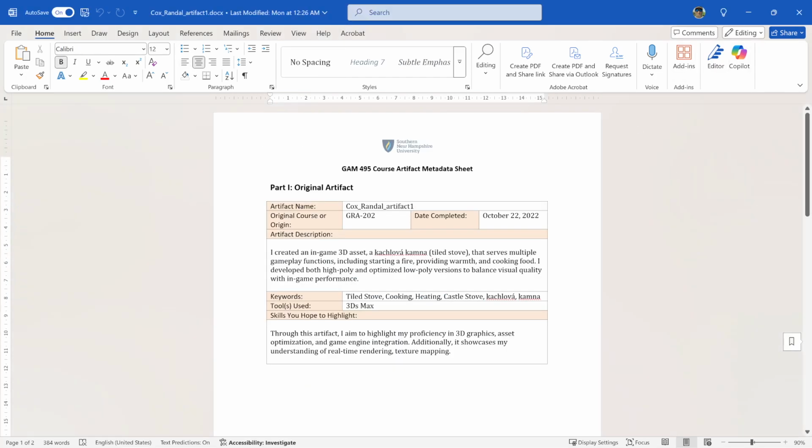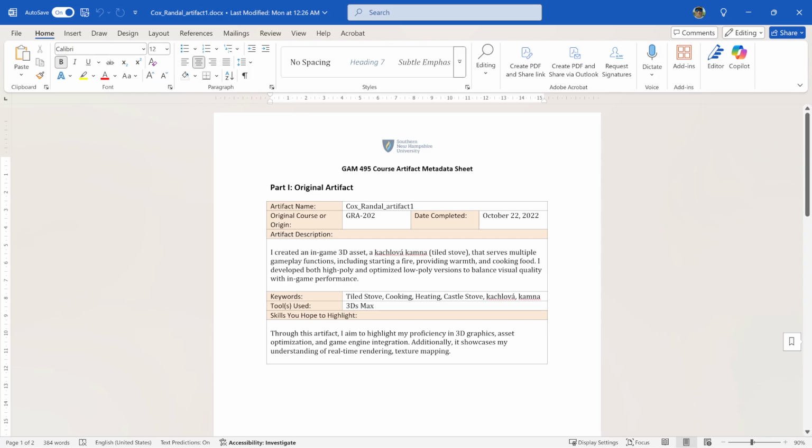So the artifact that I did finally get to work on, I would like to have done a little bit more, but the initial goal when I created the artifact in GRA 202 is that I wanted to eventually put this into a scene on Unreal Engine.